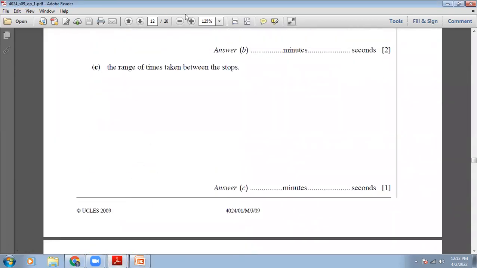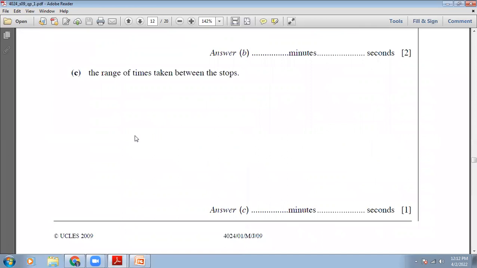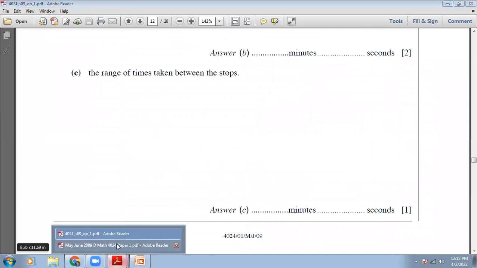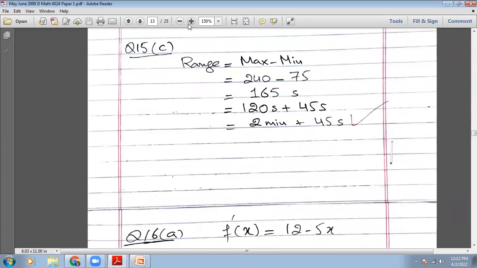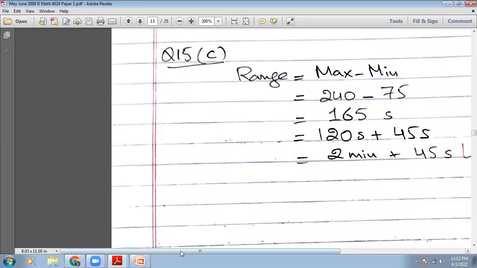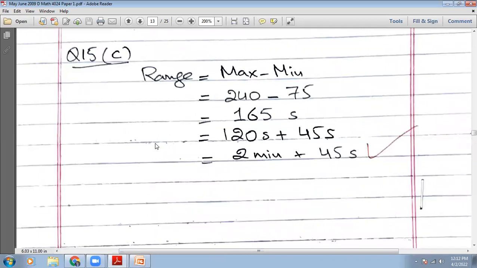Then he says, find the range of the times taken between the stops. The range means the largest value minus the minimum value. Range means maximum time minus the minimum time. So the maximum time is 240 seconds and the minimum time is 75 seconds.